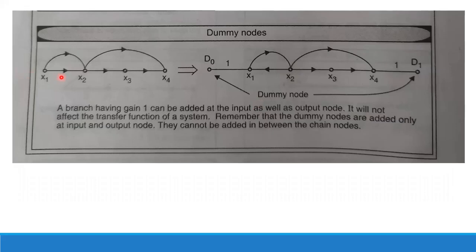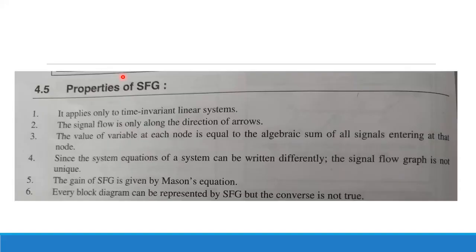Signal flow means the direction in which the signal is flowing, like this x2 to x3. So in this direction the signal will be flowing. An arrow means the signal is flowing from this point to this point. The value of the variable at each node is equal to the algebraic sum of all the signals entering at that node. That is your addition rule.